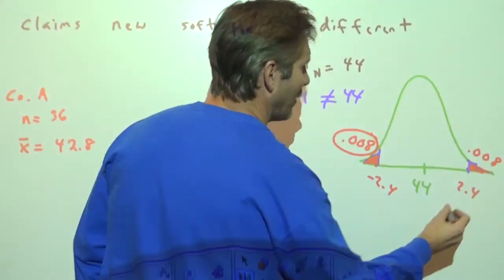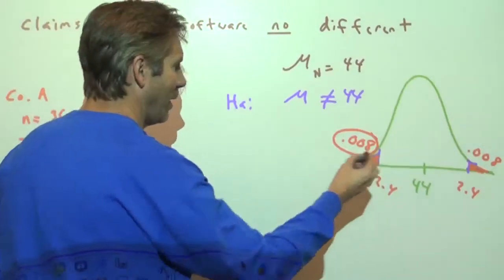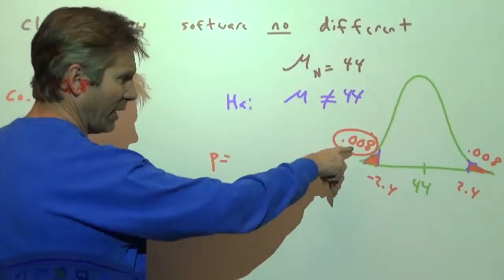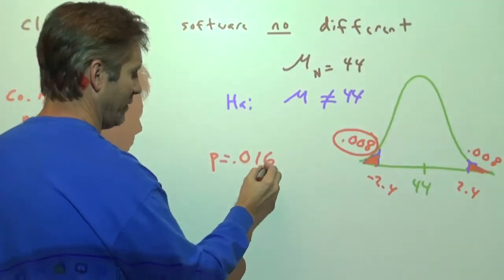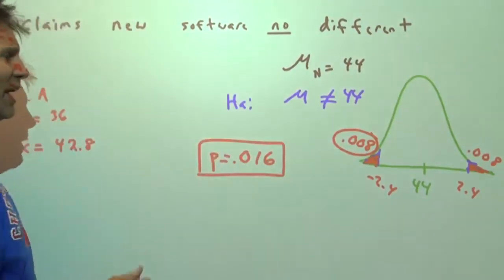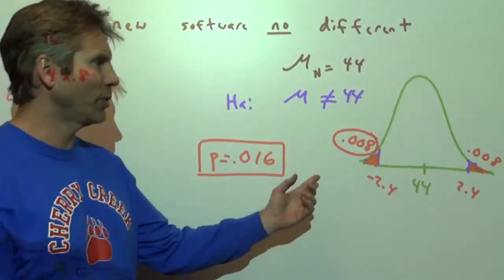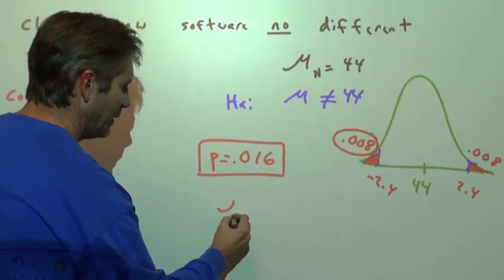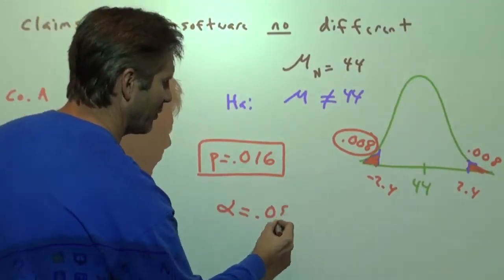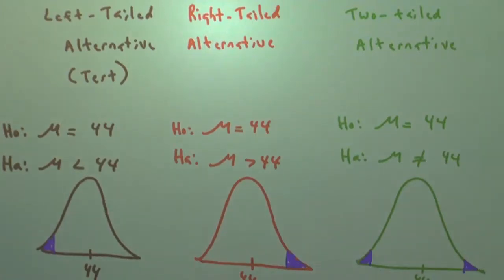And it could happen on either side due to chance. So you have to take this probability in one tail and double it. Your official p-value is those two added together, which is 0.016. So on a two-tailed test, you double the probability of getting a result at least as extreme as the one you got on the one tail. But that is still a small enough p-value that if we ran this test at a 5% level, we'd reject the null. And finally, there are three basic kinds of tests.